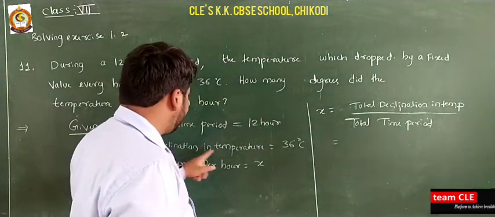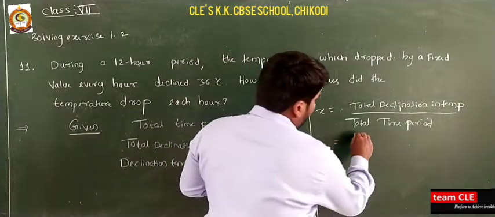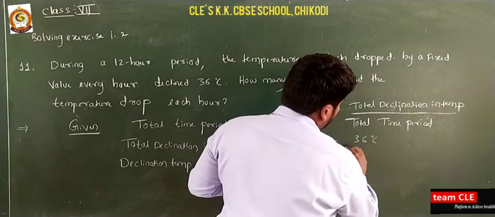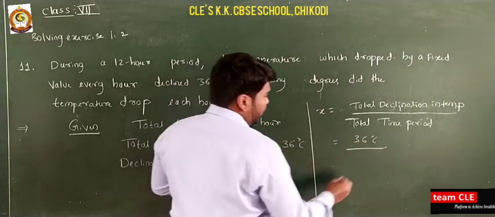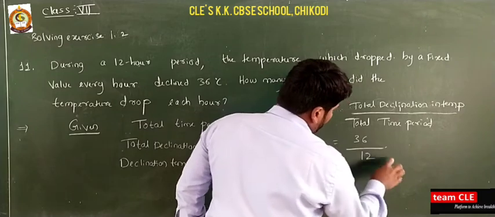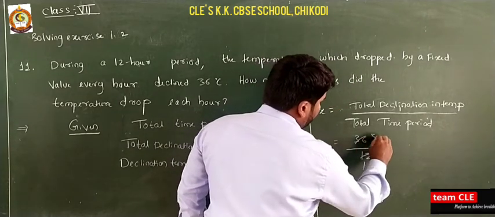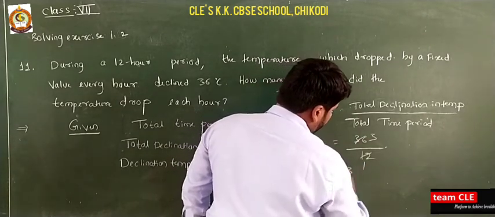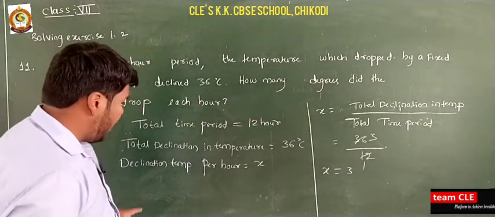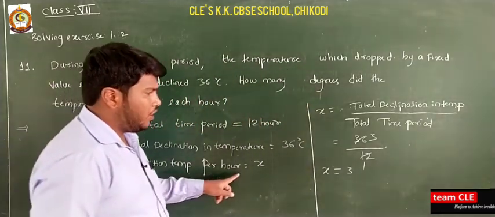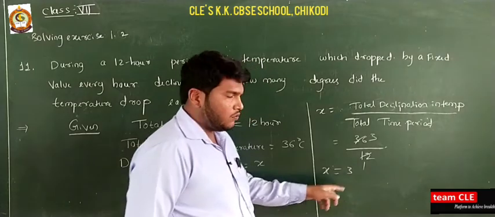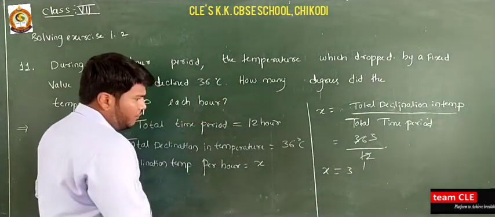Total declination in temperature is 36 degrees Celsius and total time period is 12 hours. So 12 ones are 12, 12 threes are 36, so x is equal to 3, which means the declination in temperature per hour is 3.